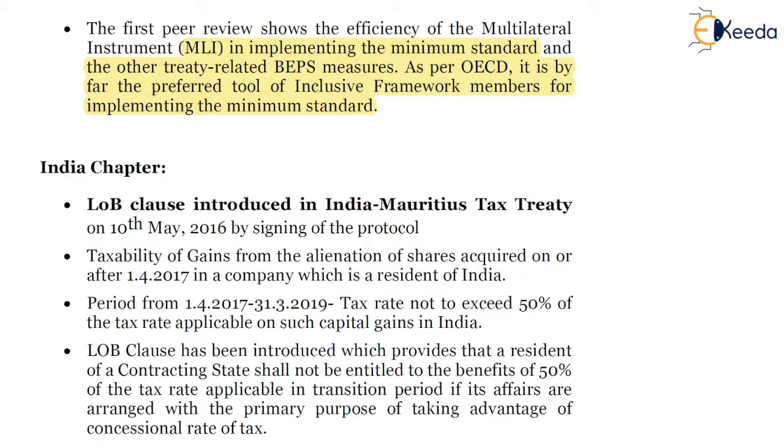Now after introduction of LOB rule, and this change was brought in by signing a protocol, by signature of protocol between India and Mauritius. So as we had discussed earlier, changes in existing tax treaty can be done by way of protocol, and now changes can be done by way of MLI, multilateral instrument.